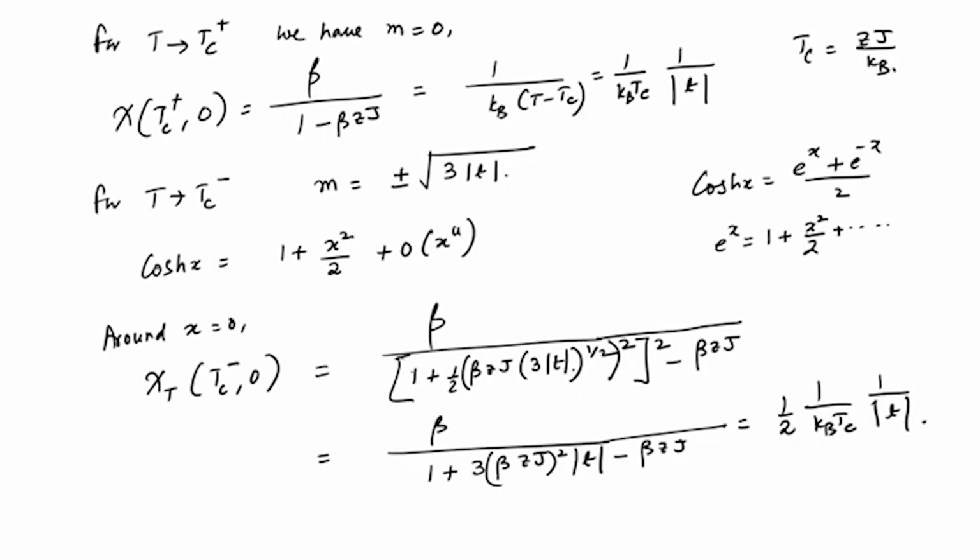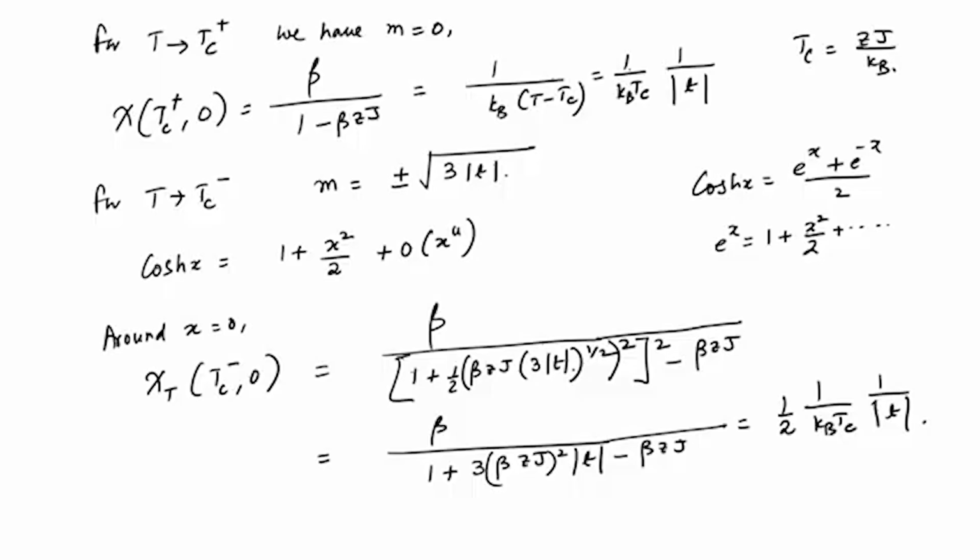So, it is interesting that it goes as 1 by mod of T for temperature greater than Tc as well as temperature less than Tc, though with this coefficient to be exactly half of what it was for T greater than Tc in this particular case.